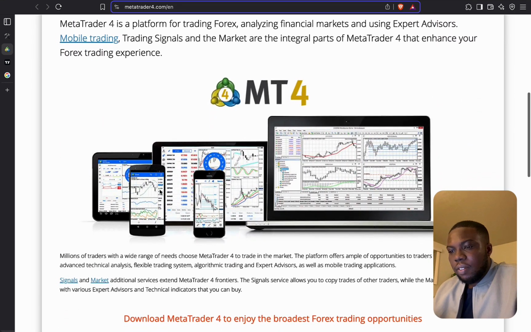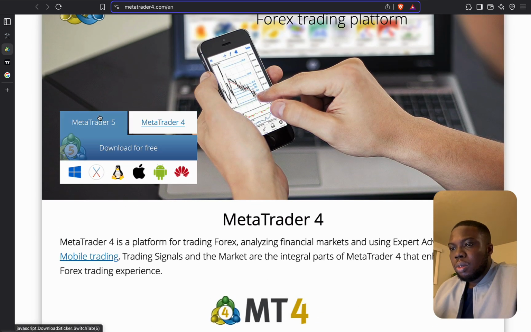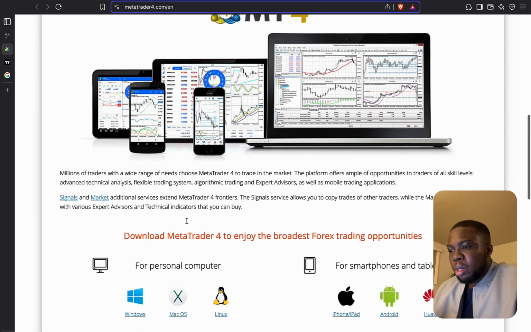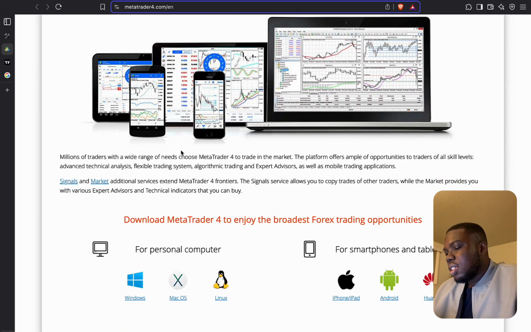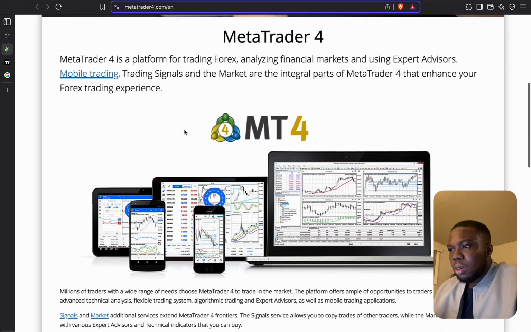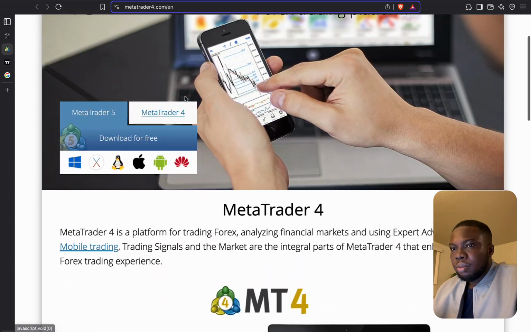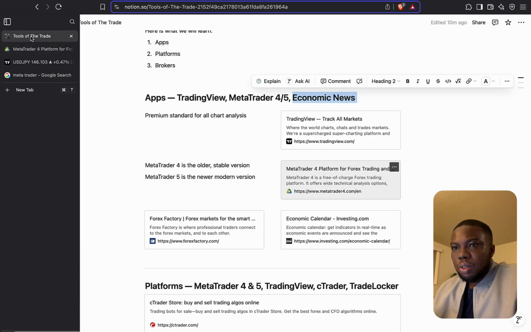It's the more standard version. It has a lot more developed for it by way of indicators and tools. MetaTrader 5 is a newer version, so it's a bit more intuitive, with a bit more bells and whistles, but it also lacks some of the initial tools that you might have in the marketplace for MetaTrader 4. So all in all, they are just a place where you can actually take trades. So yeah, that's MetaTrader 4 and MetaTrader 5.